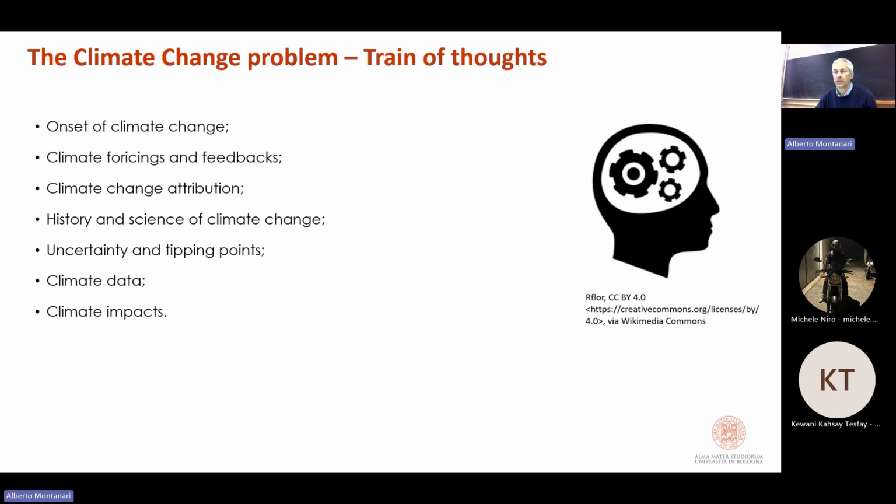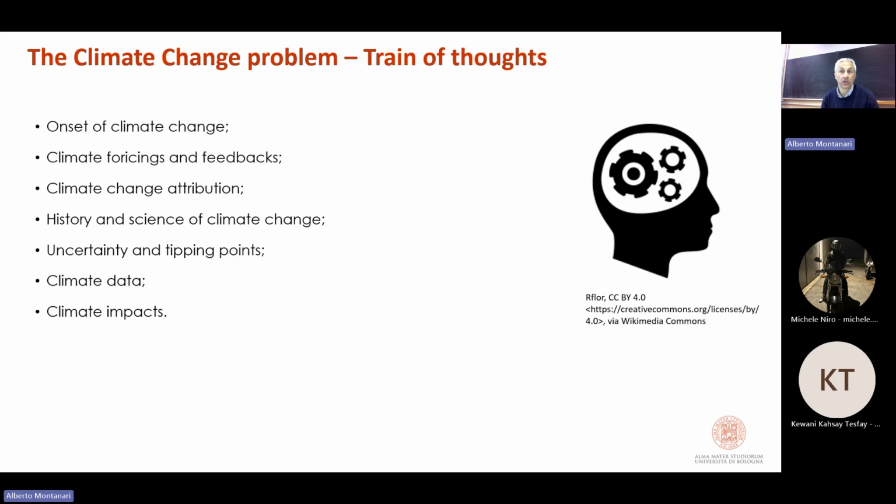This supporting document is related to a more detailed discussion about the climate change problem, and in particular regarding climate change attribution. Attribution means identifying the drivers, the causes of climate change.